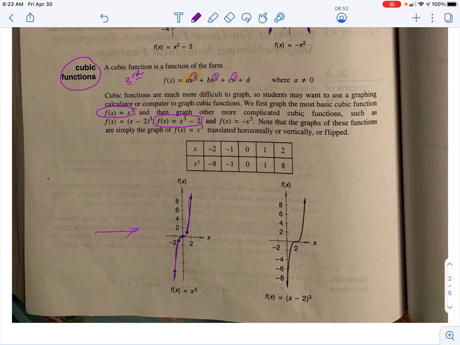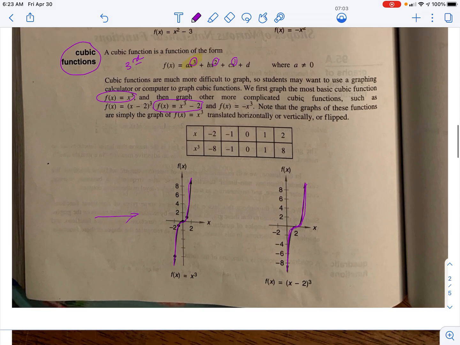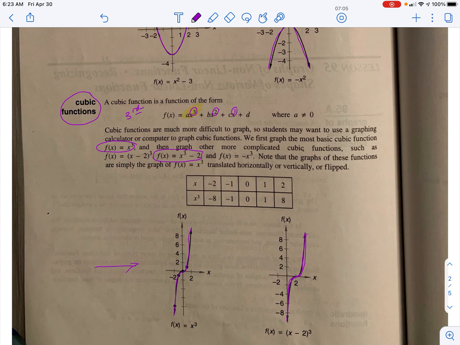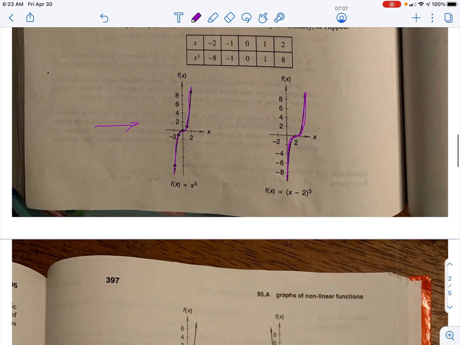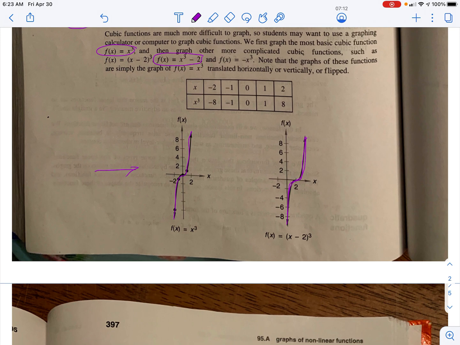This one, same thing. It's coming up, making a turn, and coming down. Or it could go down and make the turn. Either way, you see 3 movements in the graph. That is a cubic function, just positioned differently depending upon how your equation turns out when you plug your values into the equation.